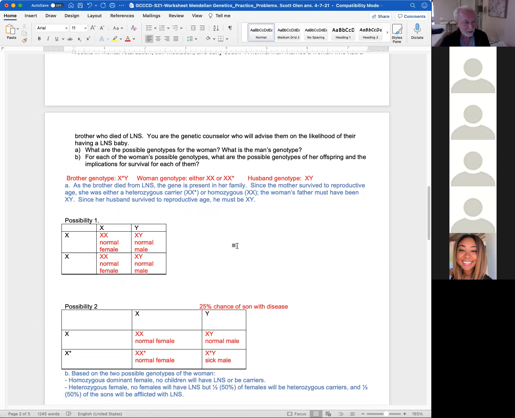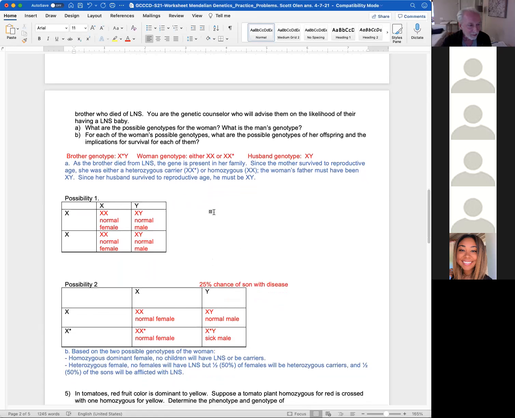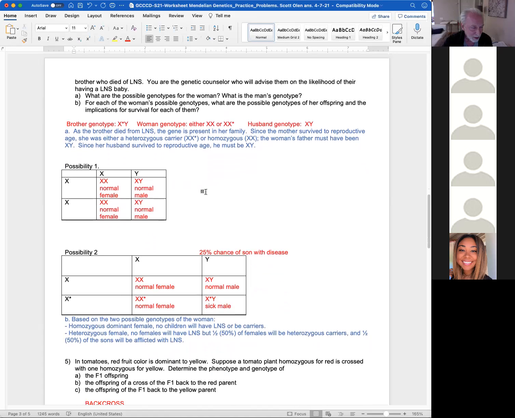You're the genetic counselor, you can set up two Punnett squares where you know that the husband is XY and the wife could be XX. And if that's the case, you're going to get two normal females and two normal males.